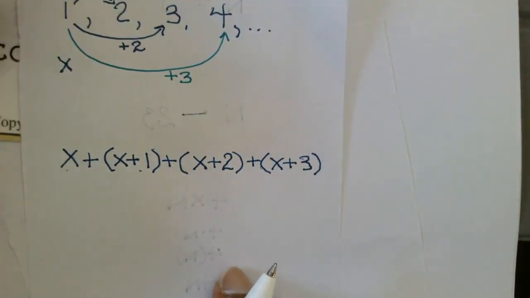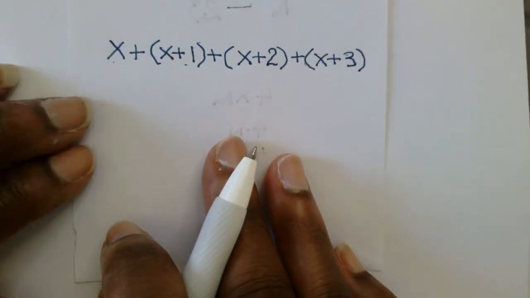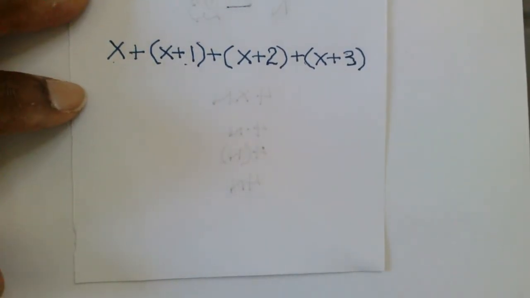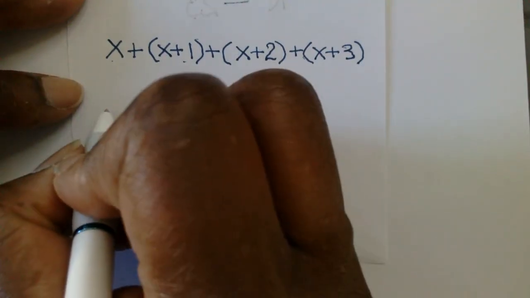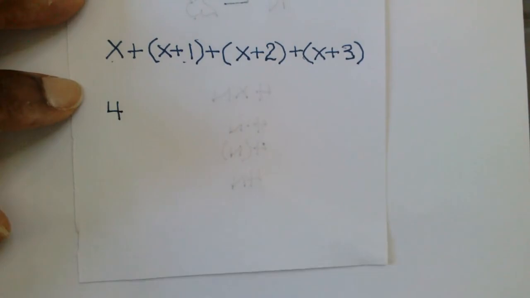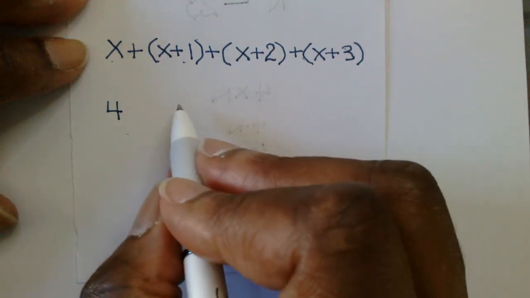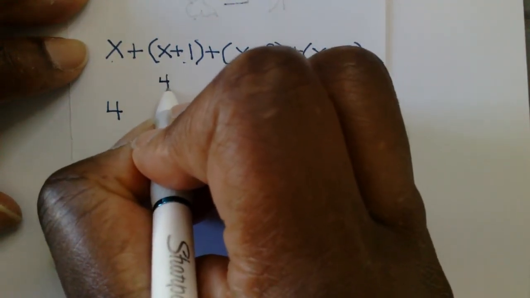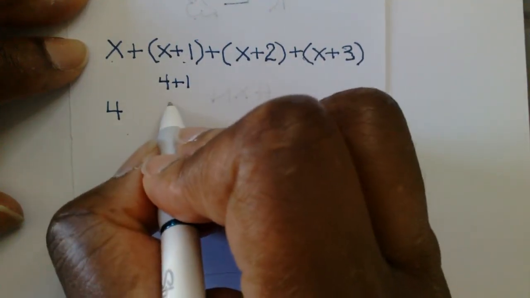Let me show you. You're probably like, oh wait, we're going to be doing something funky. Let's say that I start with 4. That's my starting number. In order for me to get to the next number, I have to do 4 plus 1, and that gives me 5.